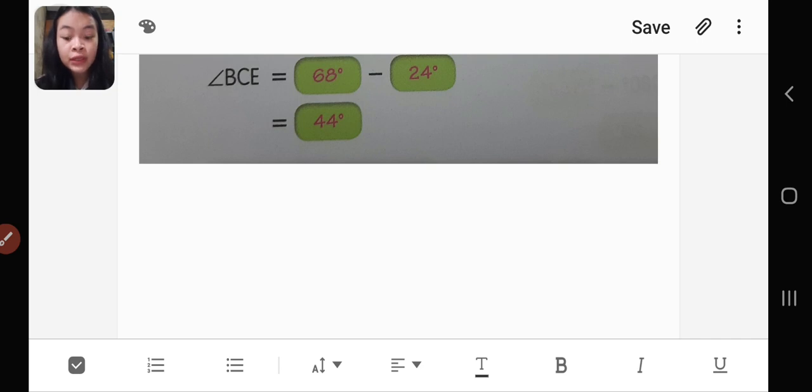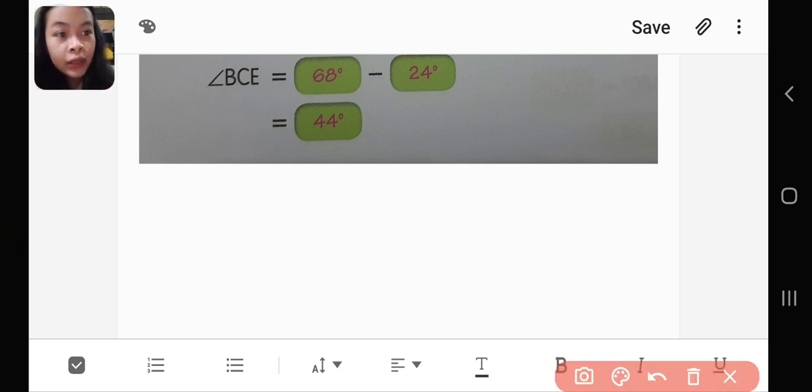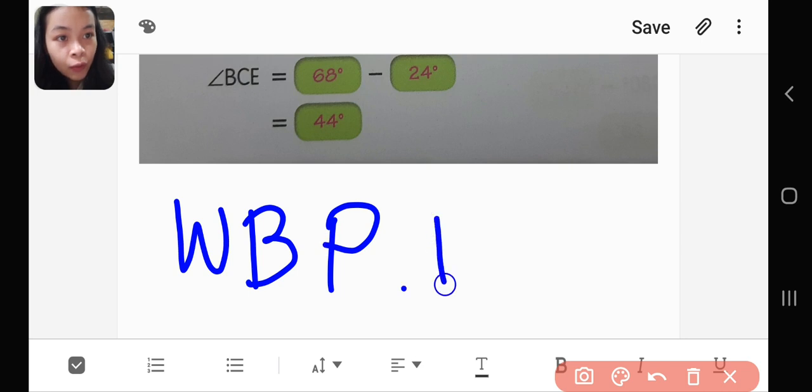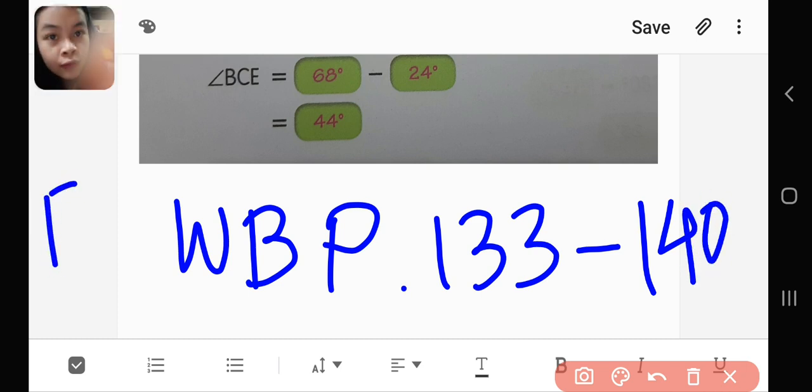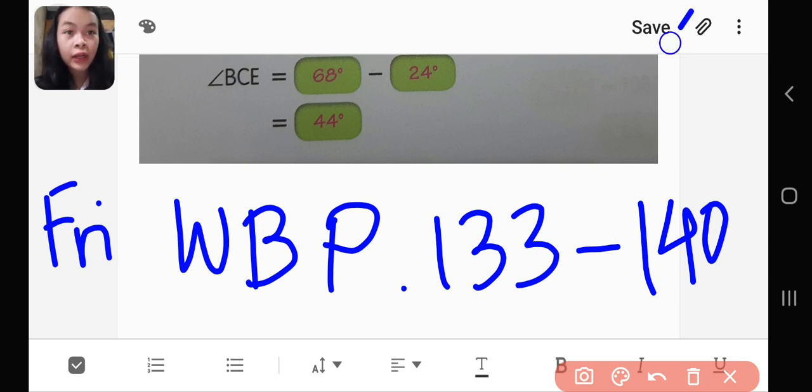I will write it here: workbook page 133 until 140, deadline Friday. So that's all for today. Tomorrow we're going to learn about lesson 2. Please prepare yourself to know finding unknown angles of quadrilaterals. That's all for today. Thank you and God bless you everyone.